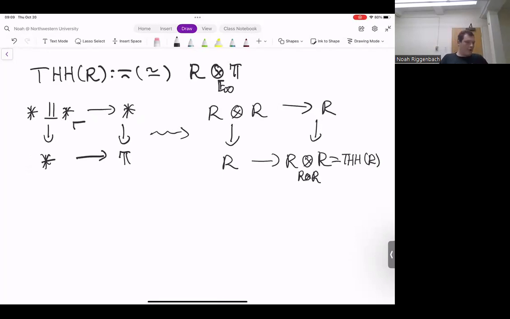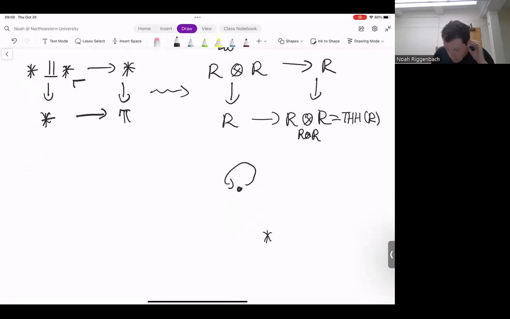And if you prefer the usual chain complex model of Hochschild homology, well, here's another way to think about THH. You can think of the circle as having one non-degenerate zero simplex and one non-degenerate one simplex. Okay, so you have one non-degenerate zero simplex, one non-degenerate one simplex, and then you have a degenerate one simplex.